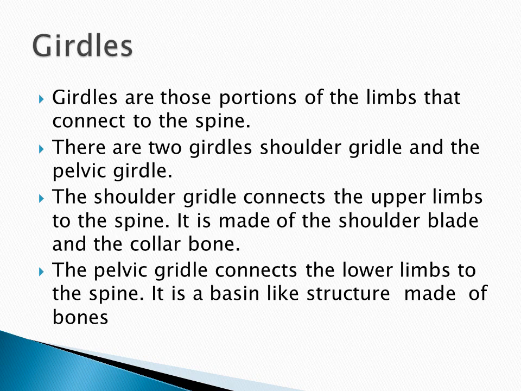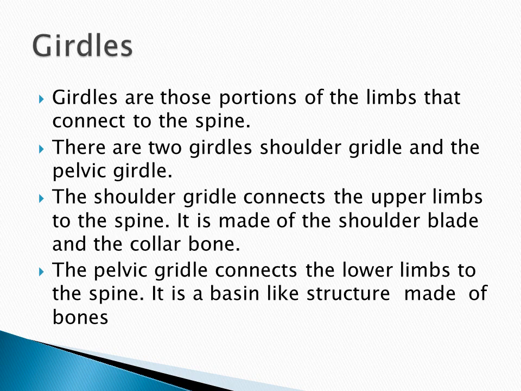These girdles are those portions of the limbs that connect to the spine. There are 2 girdles: one is called the shoulder girdle and the second one is called the pelvic girdle. In the shoulder girdle, our arms are attached to the spine, and the pelvic girdle is present in the hip, where our legs are attached.